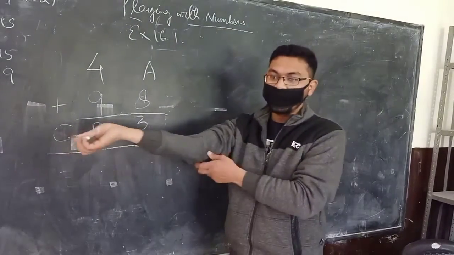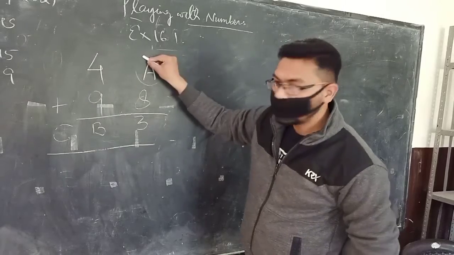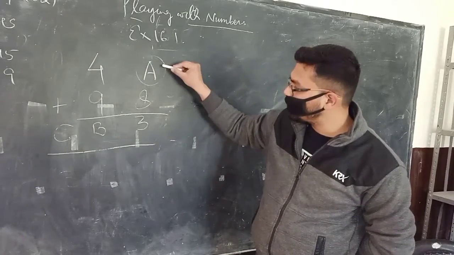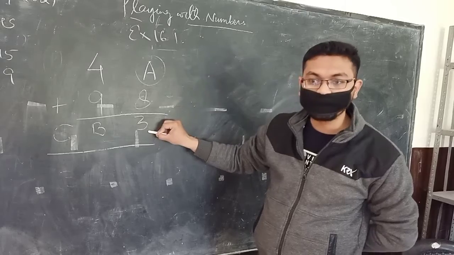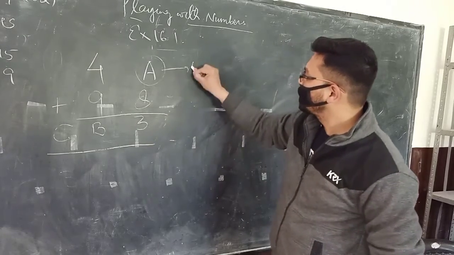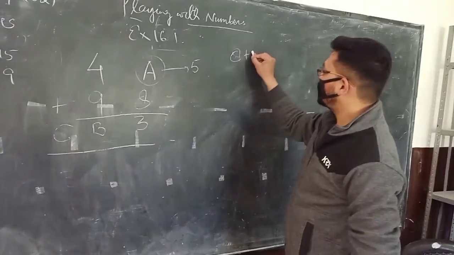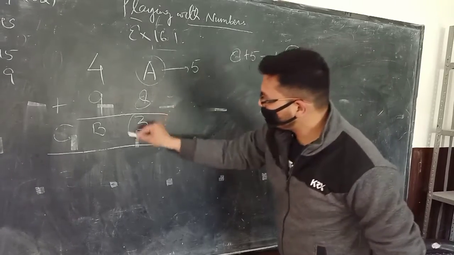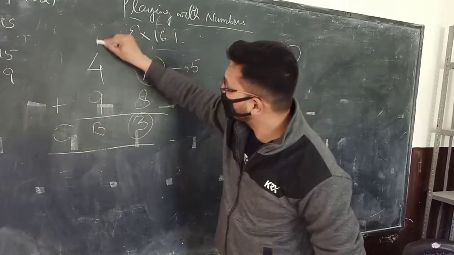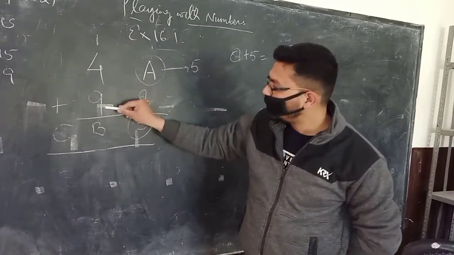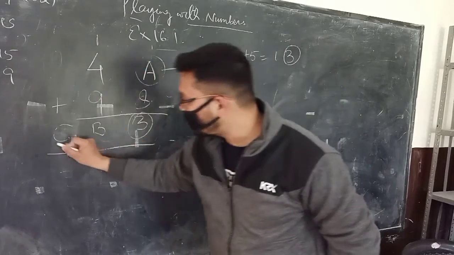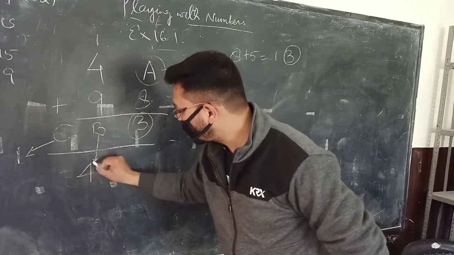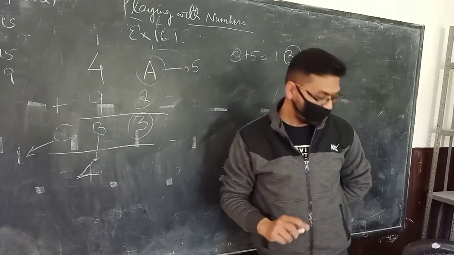Now see, what should be the value of A so that if I add 8 plus A, I get 3? 5, exactly. So 8 plus 5 is 13, right? So this is 3 and there is one carry 1. 9 plus 1 is 10, plus 4 is 14. That means C will be 1 and B will be 4. Any doubt? Okay.